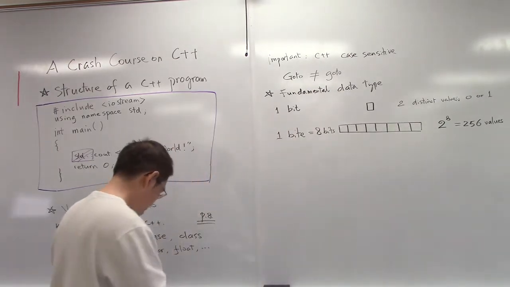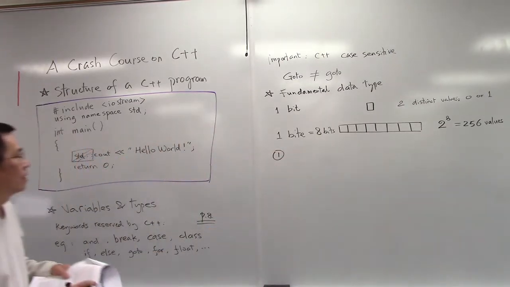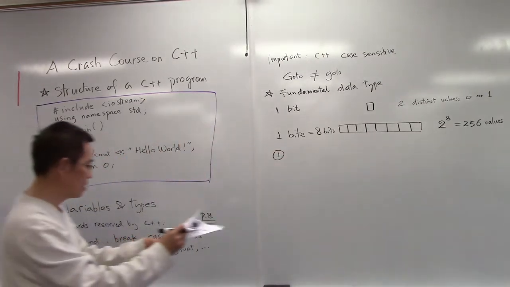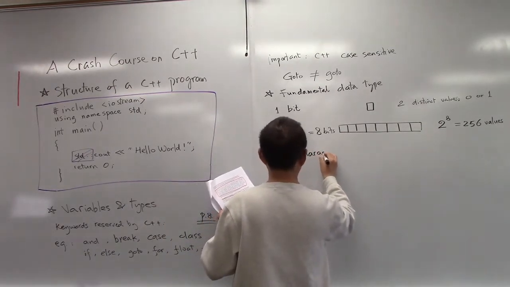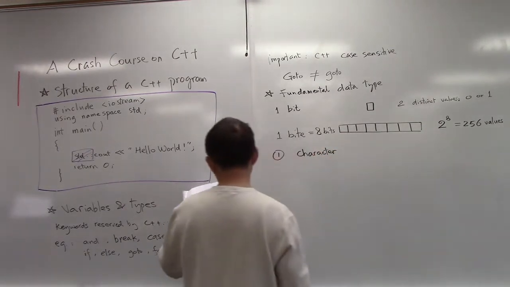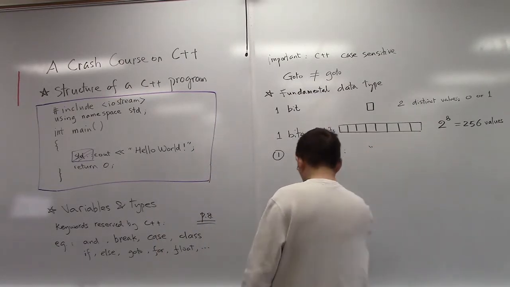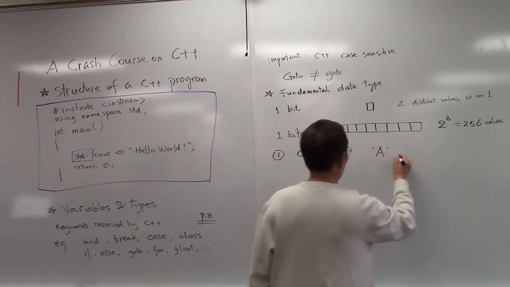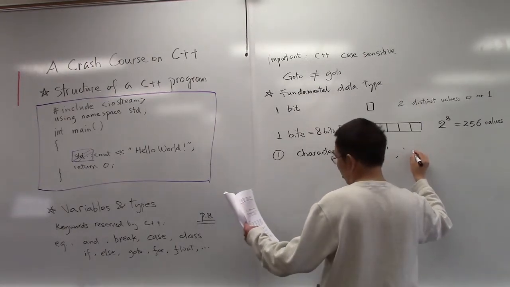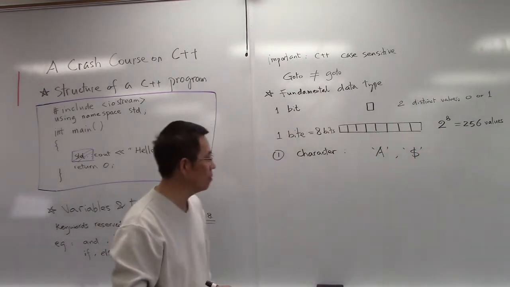Now, type 1, the first type of fundamental data type, is the character type. Such as the character A, or the special character dollar sign.